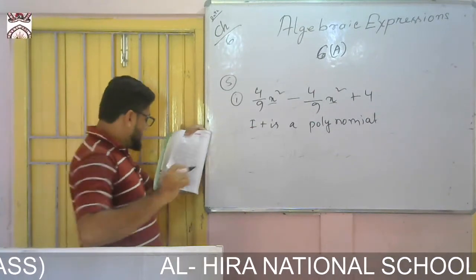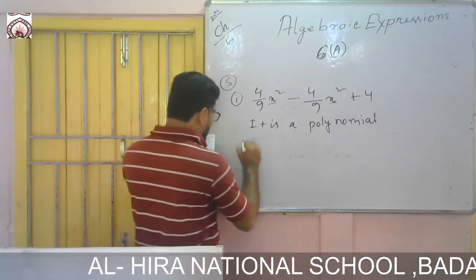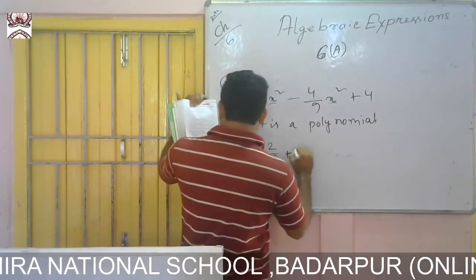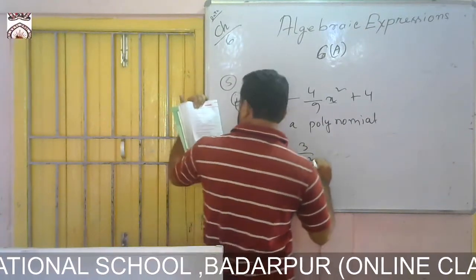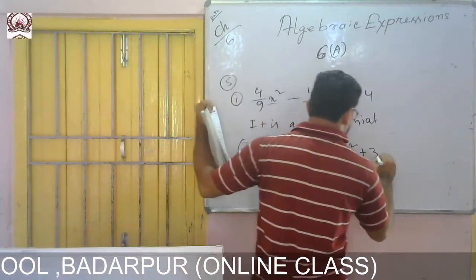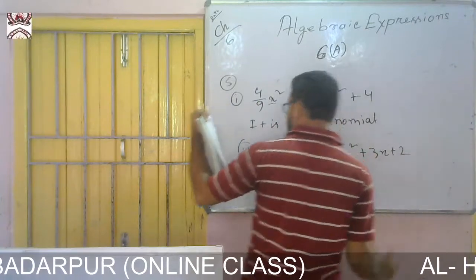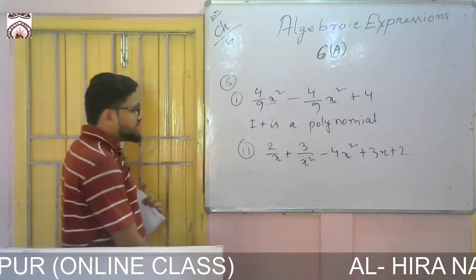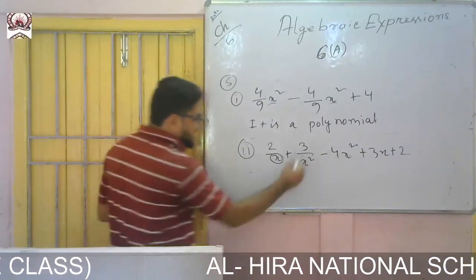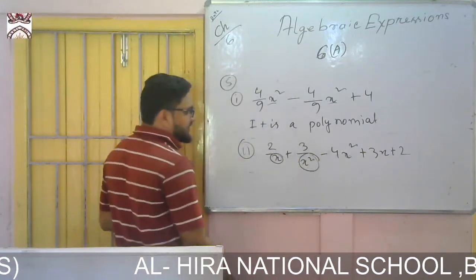Now come to 2. You see what is there? 2 by x plus 3 by x square minus 4x square plus thrice x plus 2. In this case, this x is in the denominator, and this x square is in the denominator.